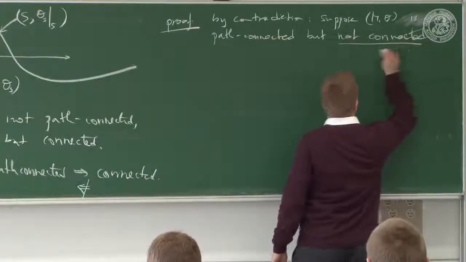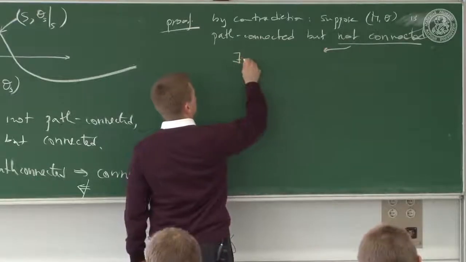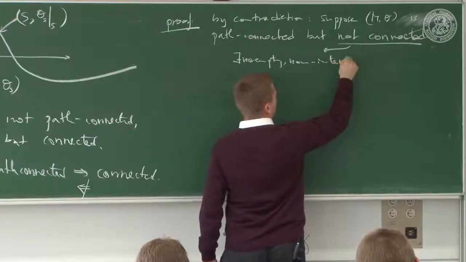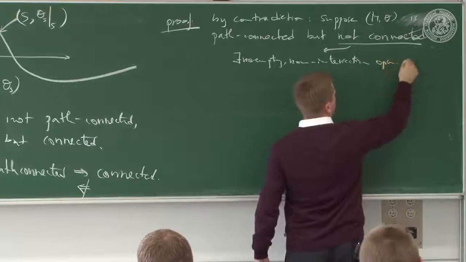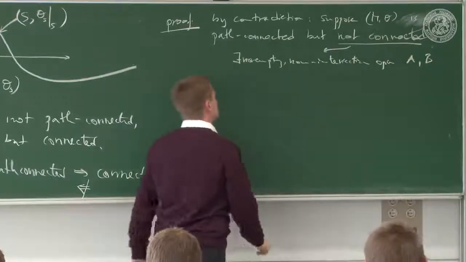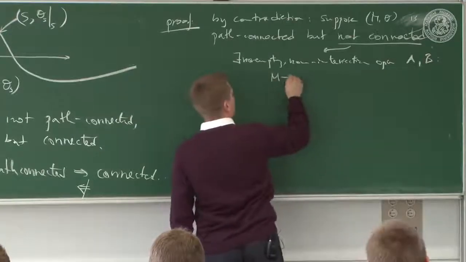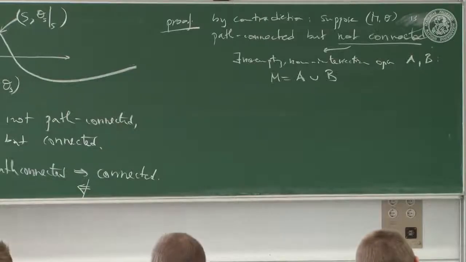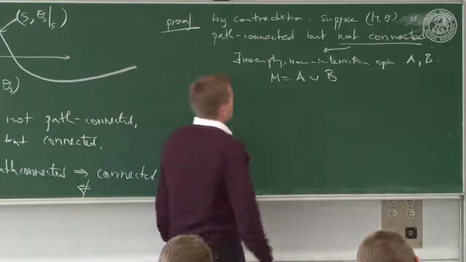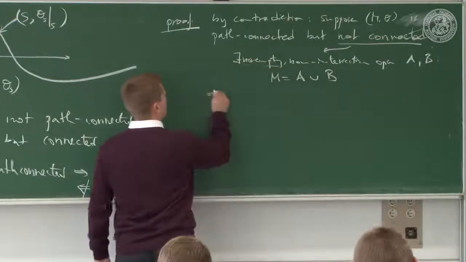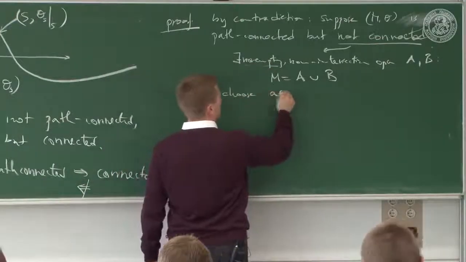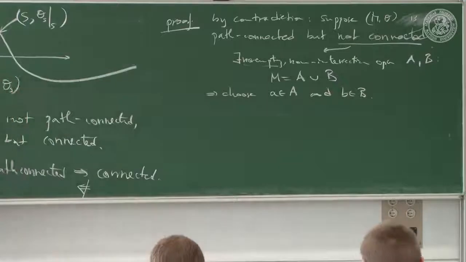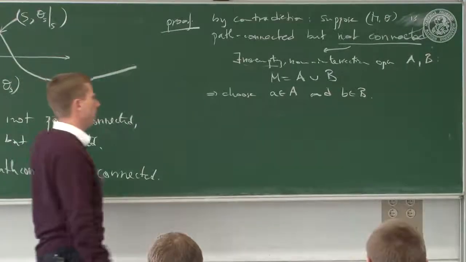Well, if it's not connected, then immediately it means there exist non-empty, non-intersecting open sets A and B such that the entire set decomposes, M equals A union B. Now, if these two sets are non-empty, we can choose a point a in A and a point b in B. If they were empty, that would be a problem.